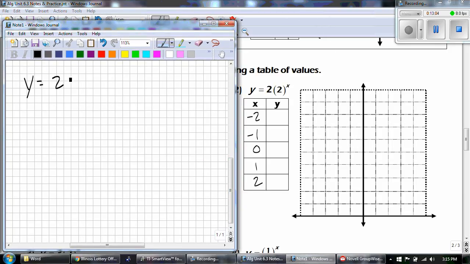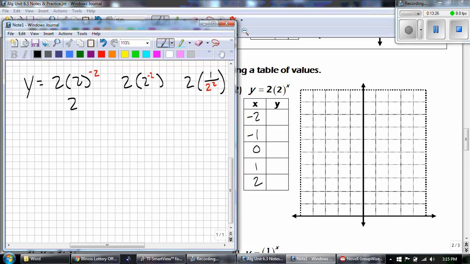Y equals 2 times 2 to the -2nd. I would distribute the -2 to the 2 inside. My exponent's negative, so I would drop it like it's hot, so that changes to 1/2 squared.